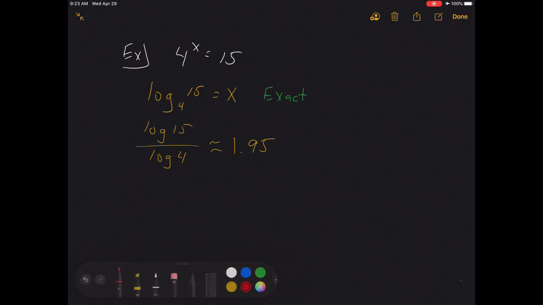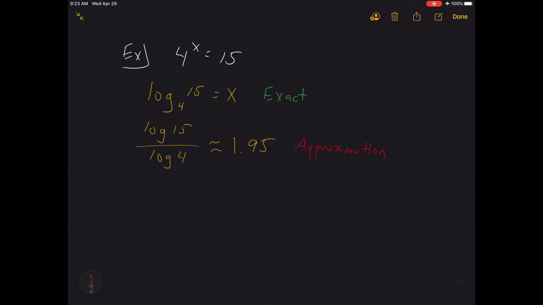So this is what's called the approximation. So once you give the decimal from these things, it's the approximation. The log itself, when you just leave it in log form, is an exact answer, and you will be asked to be able to provide both of those solutions.